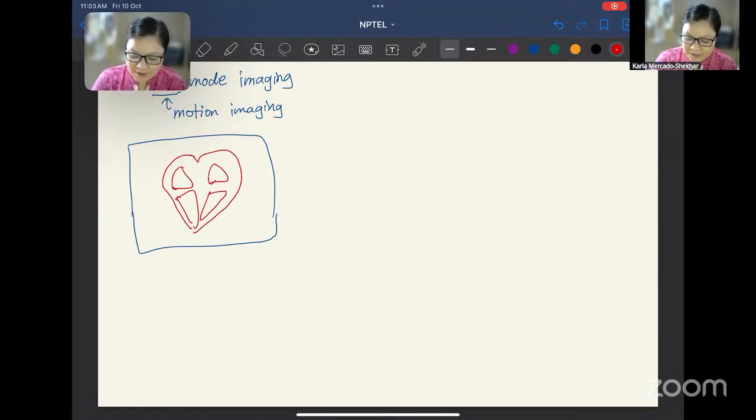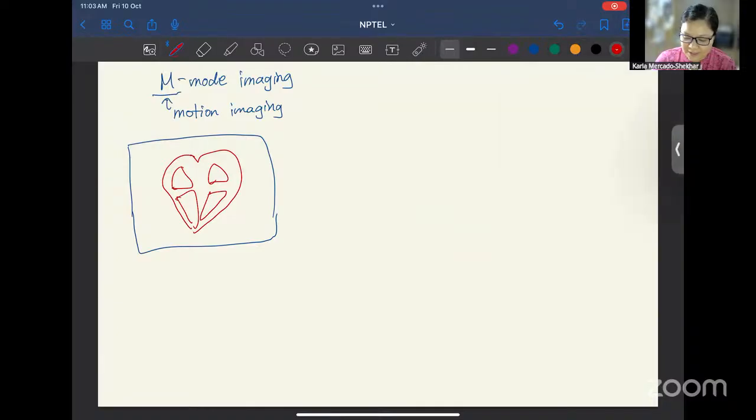Typically, when you see an ultrasound image like this, the display is such that the transducer is always coming from the top, and the transducer is looking down at the heart in this direction.